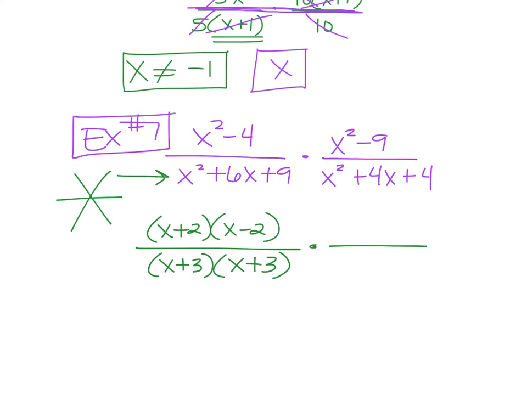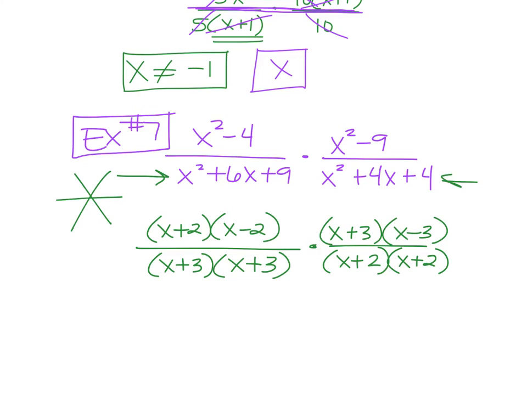On your right side, that's difference of squares, so that's going to be x plus 3 times x minus 3. A whole lot going on here, huh? And then how would you factor x squared plus 4x plus 4? Right, x plus 2 times x plus 2. What can you multiply to get 4 that you can add to get 4? That's 2 and 2.